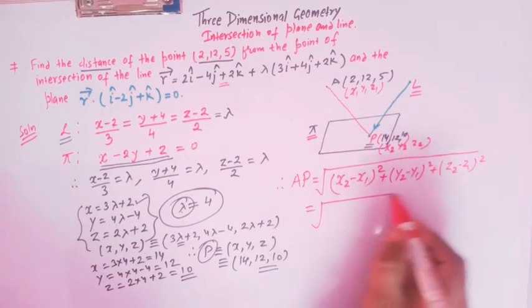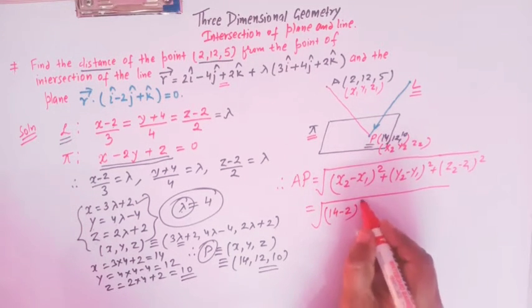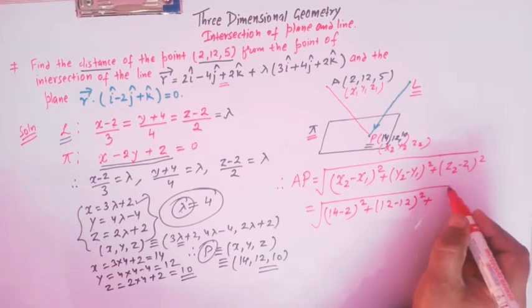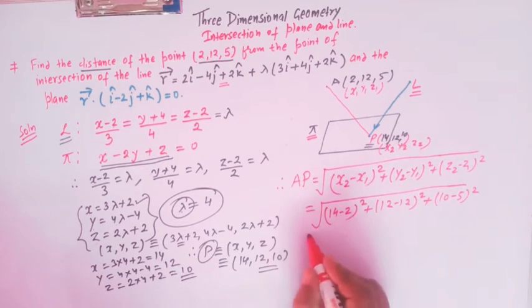So now the distance is given by 14 minus 2 square plus 12 minus 12 square plus here we have 10 minus 5 square, right?